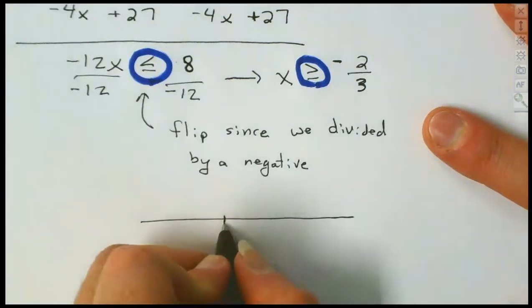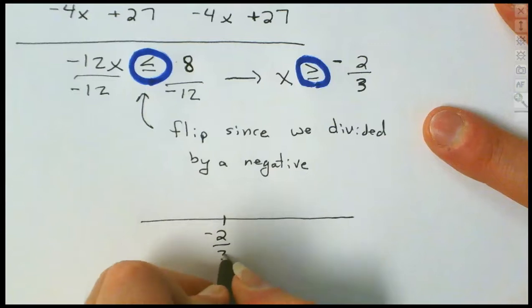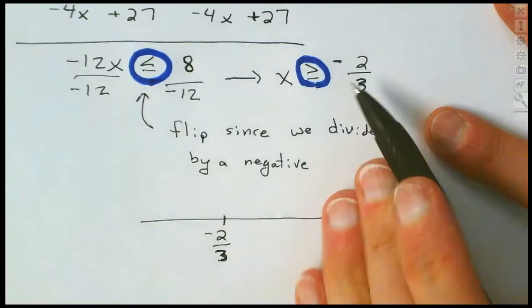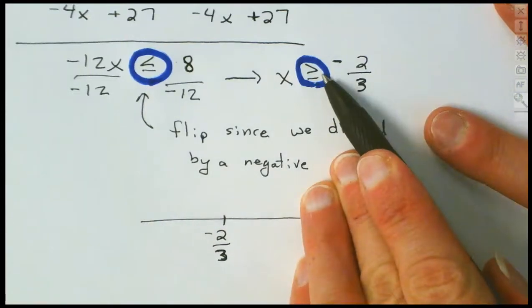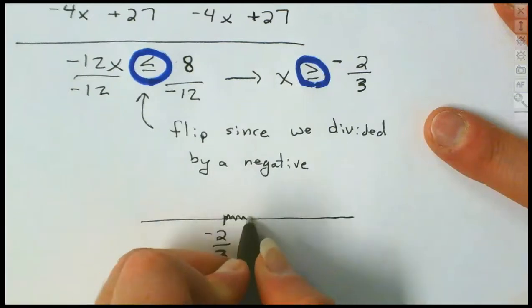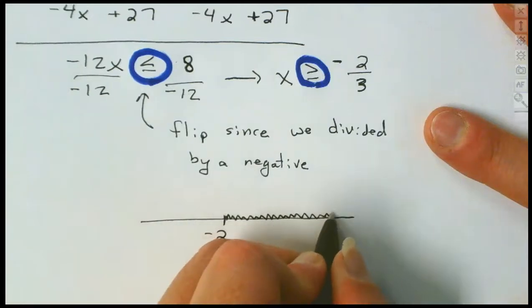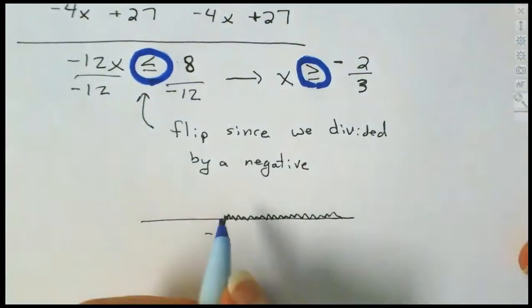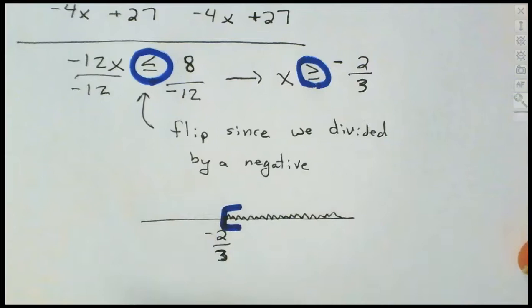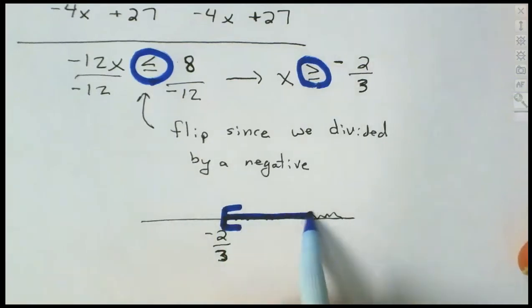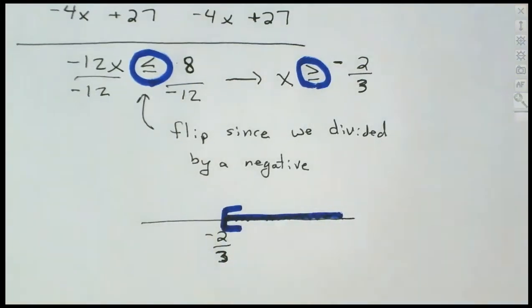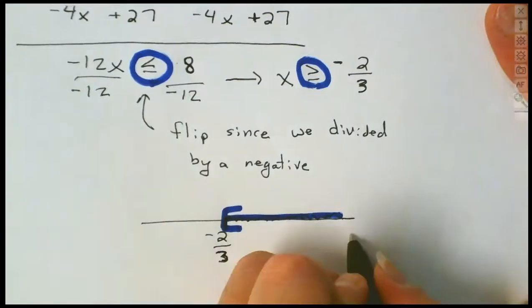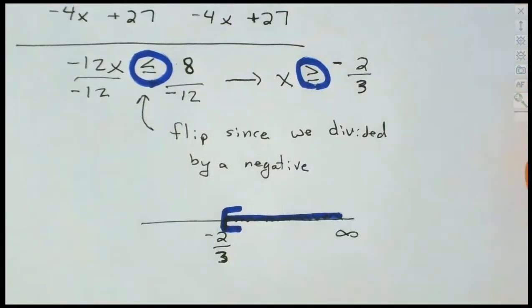We're going to find our minus 2/3. It's pointing to the right, so that means we shade out to the right, just like this. x is greater than or equal to, so we're going to have to use a square bracket. We go out to the right, and when it goes out to the right, it goes to positive infinity there.